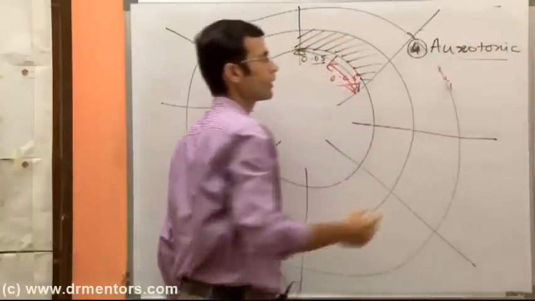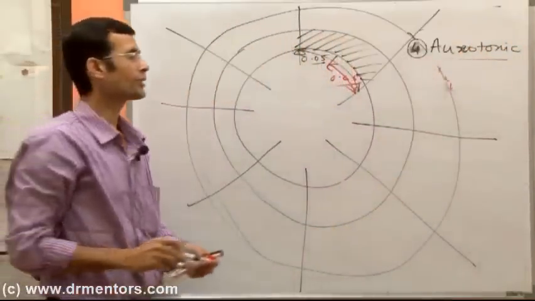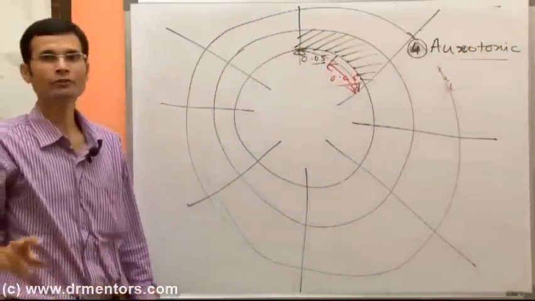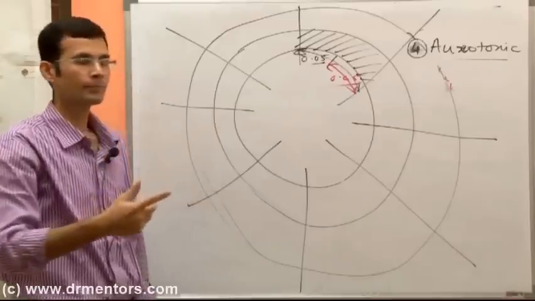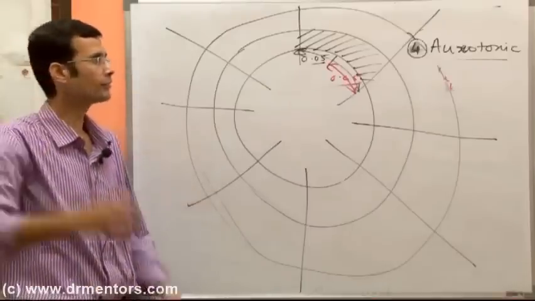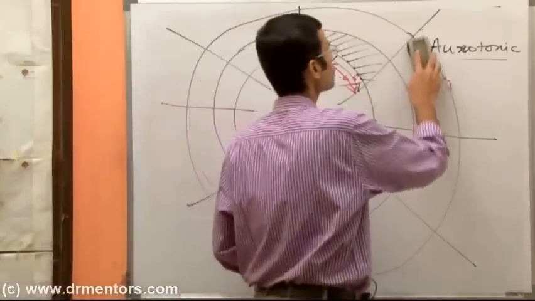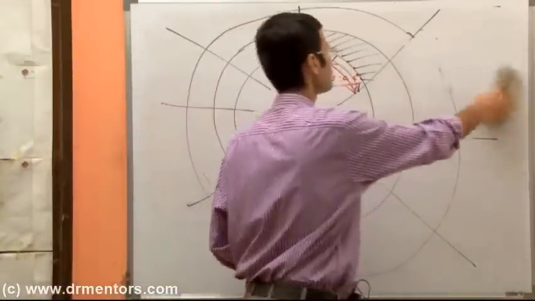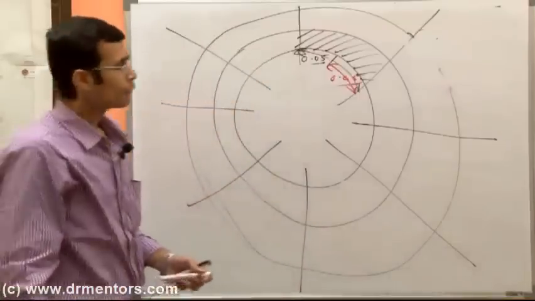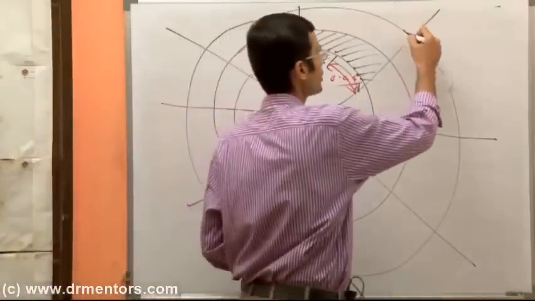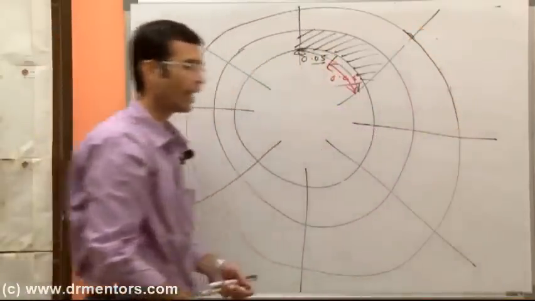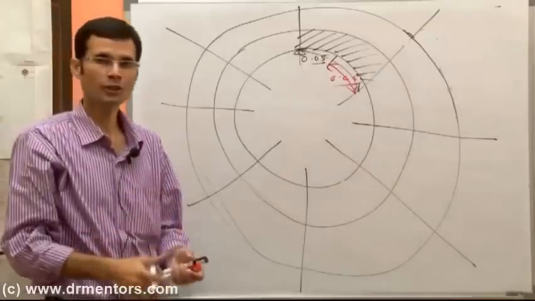As the contraction proceeds, the strength of contraction goes on increasing. Such contractions are called auxotonic contractions. Ventricular ejection has been termed an auxotonic contraction.